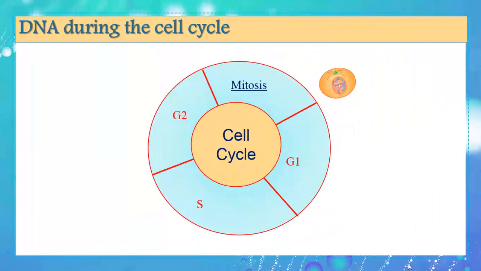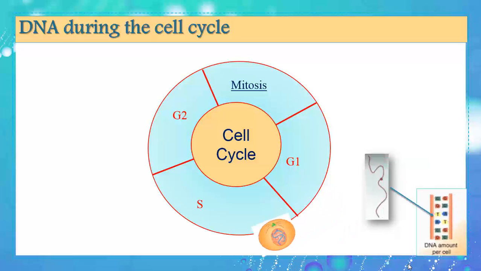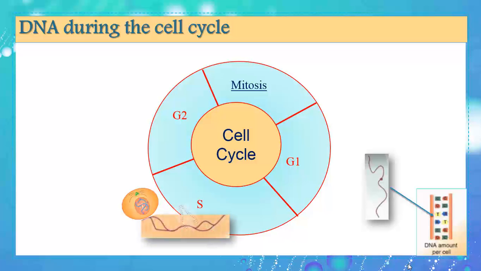So how does this amount of DNA vary during the cell cycle? First, you had this cell. This cell originally, or during G1, will contain a chromosome with one chromatid, which refers to one DNA molecule. However, when this cell passes through the S phase, a replication fork will occur where DNA is being replicated.